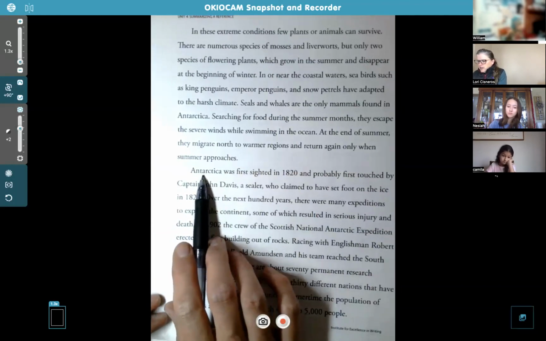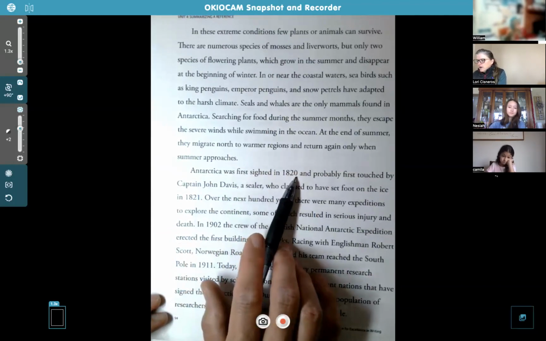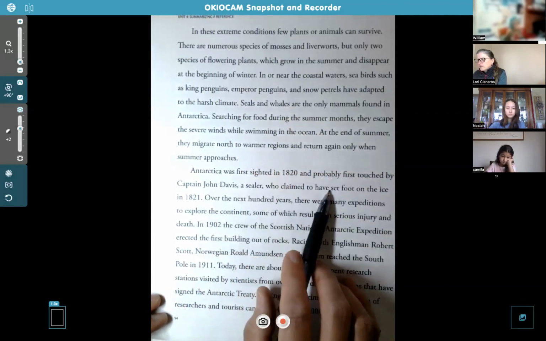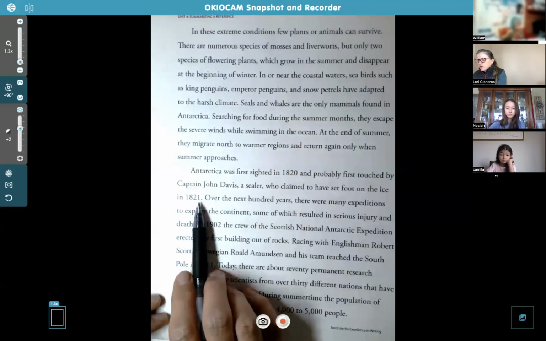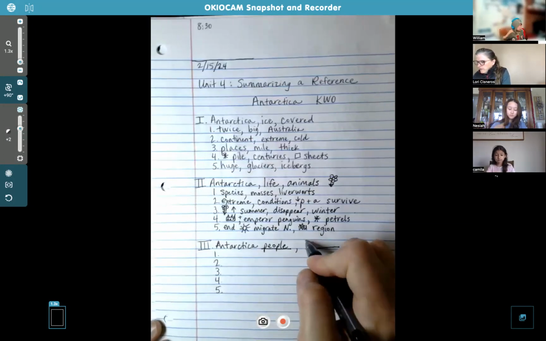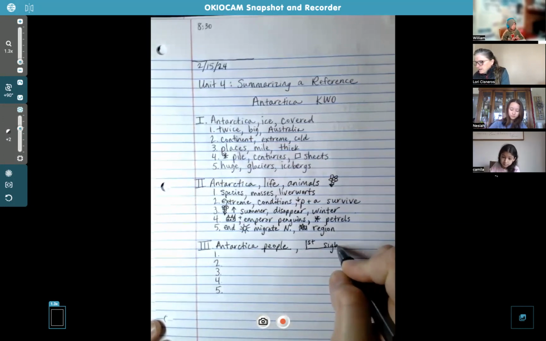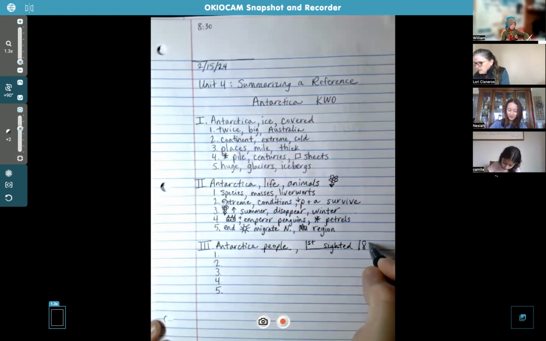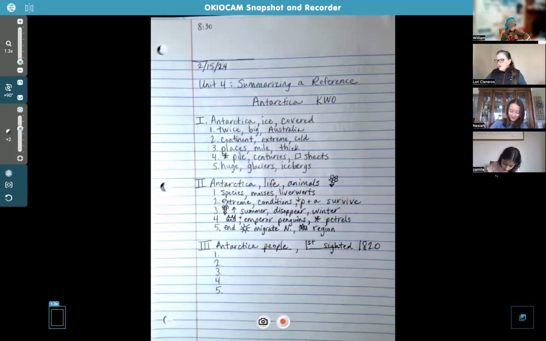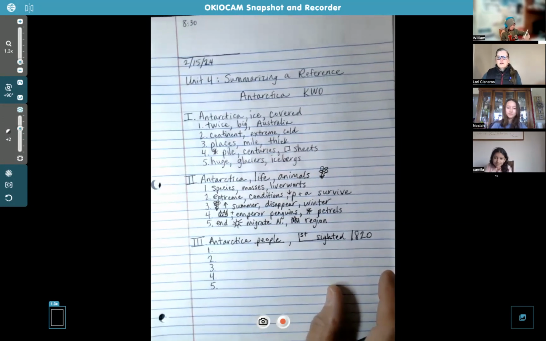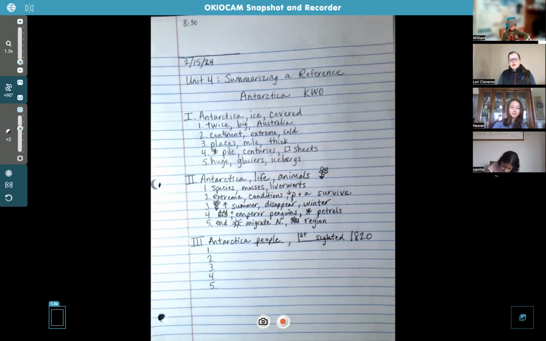It says Antarctica was first sighted in 1820 and probably first touched by Captain John Davis, a sealer who claimed to have set foot on the ice in 1821. Maybe we could put first, as in 1st, and then sighted, and then 1820. Because we have Antarctica, people, and sighted, and the rest of that stuff is free. That could be a good way to start it.